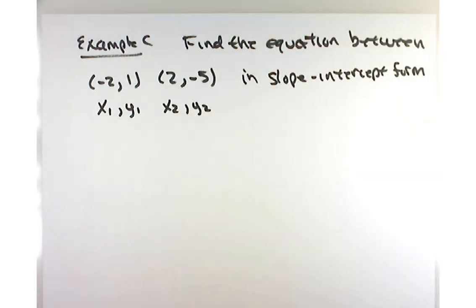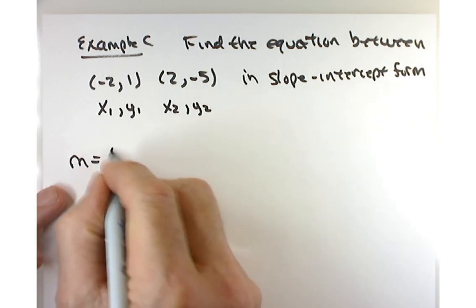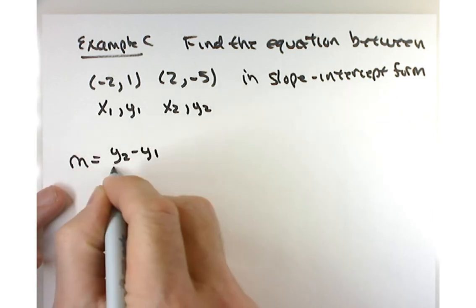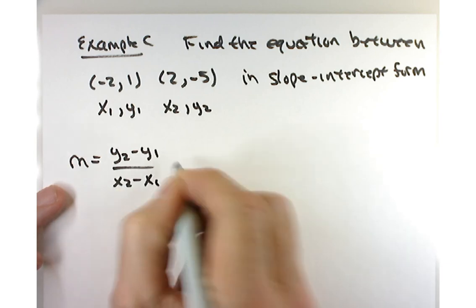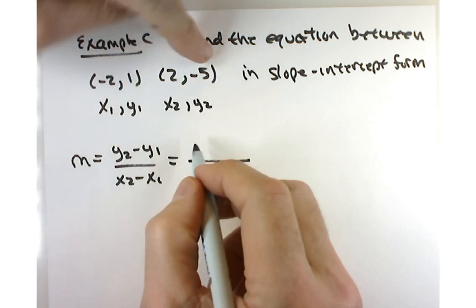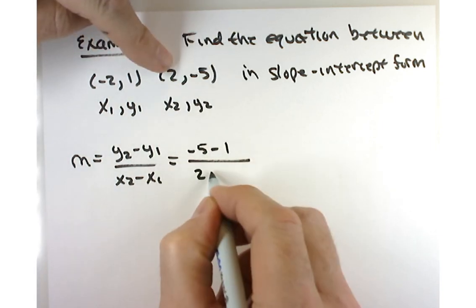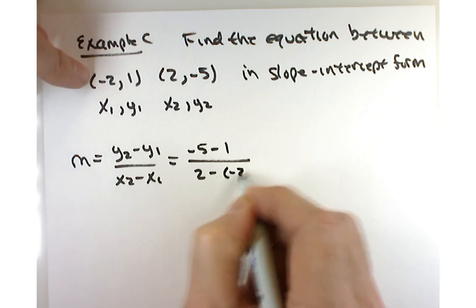All right. Let's see how this one's going to work out. So the first thing we're going to need is the slope, which is y2 minus y1 over x2 minus x1. If you fill that in carefully, it's going to be negative 5 minus 1 over 2 minus negative 2.